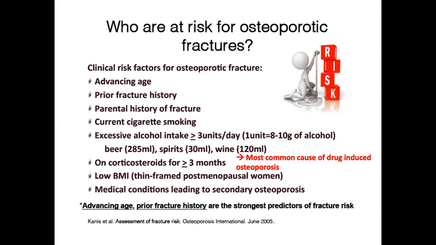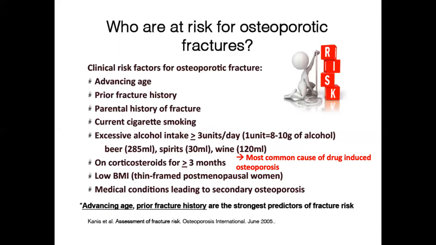Low BMI, patients who are thin frame, postmenopausal women. This is, I think, one of the few conditions where obesity is protective for osteoporosis. And other medical conditions lead to secondary osteoporosis.